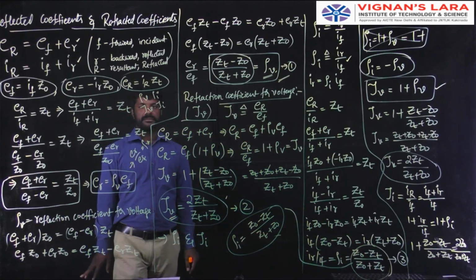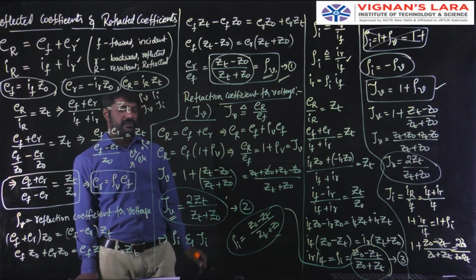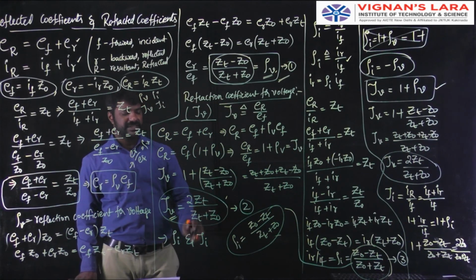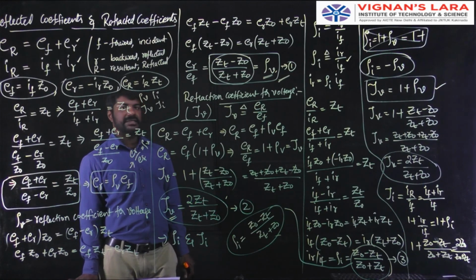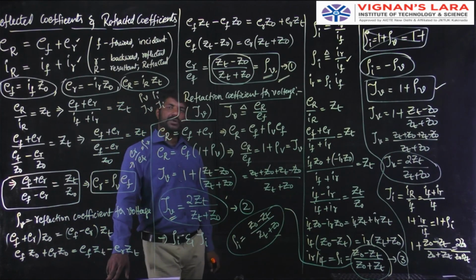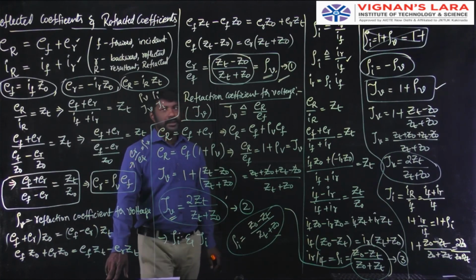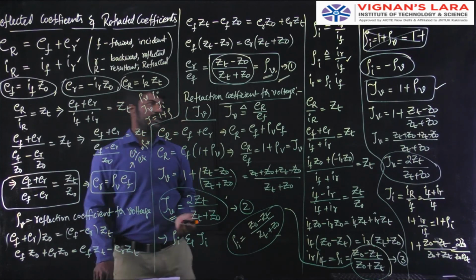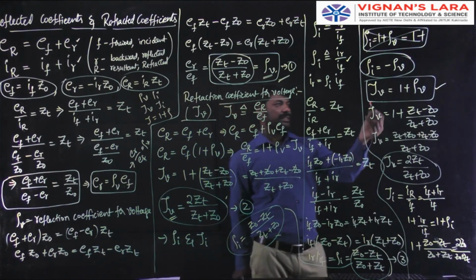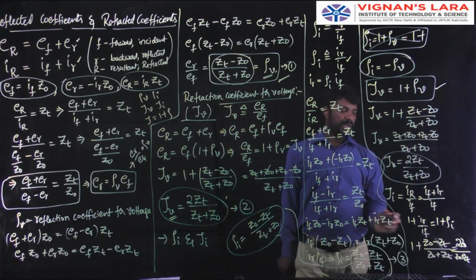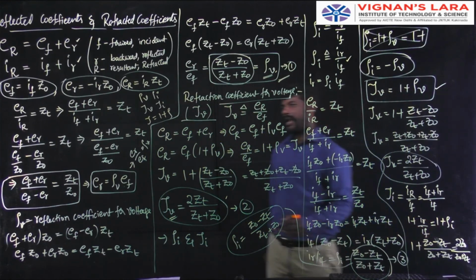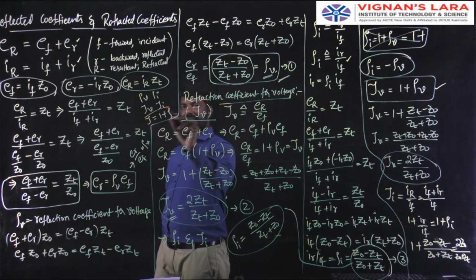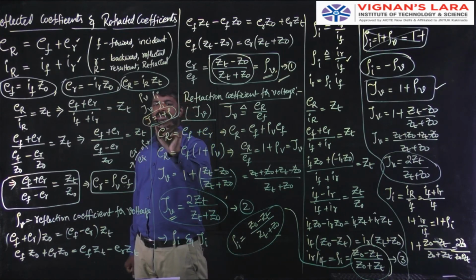Tau V value is equal to 2 ZT by ZT plus Z0, whose formula is equal to 1 plus rho V. Tau I value is equal to 1 plus rho I. Altogether, tau is always equal to 1 plus rho. Here, this is tau V, which is equal to 1 plus rho V. Tau I, 1 plus rho I. Altogether, either for the voltages or for the currents, the tau value is always equal to 1 plus rho.